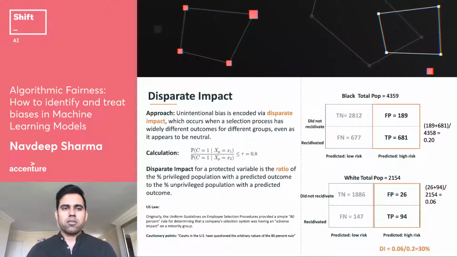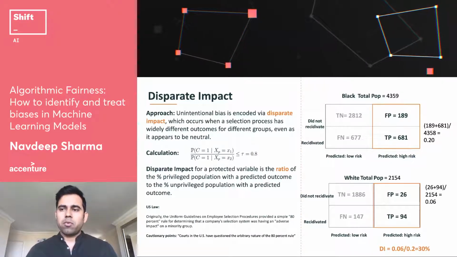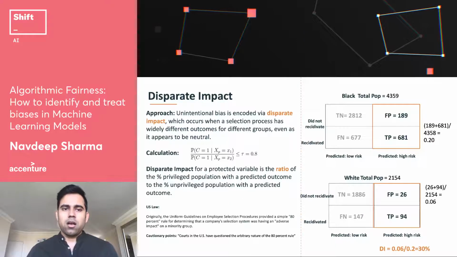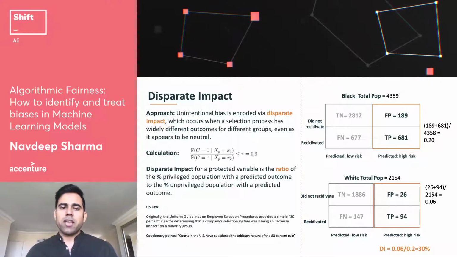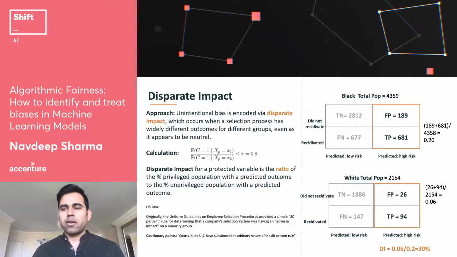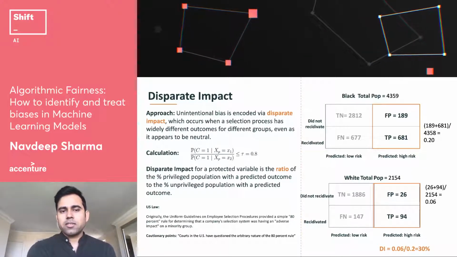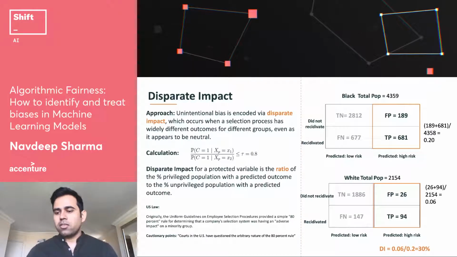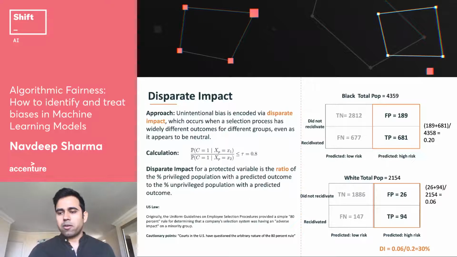Disparate impact occurs when a selection process has a widely different outcome for different subgroups in the dataset. In our example, we're comparing the proportion of the black population classified as at risk to reoffend as compared to the white population. When we compare these two by fraction, we're calculating the disparate impact ratio, which is very similar to the way we calculated the prevalence.